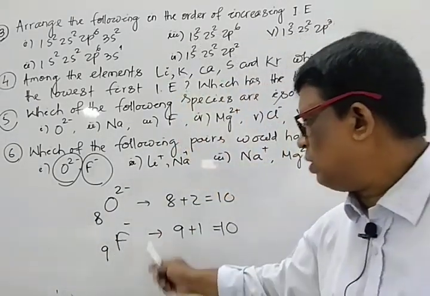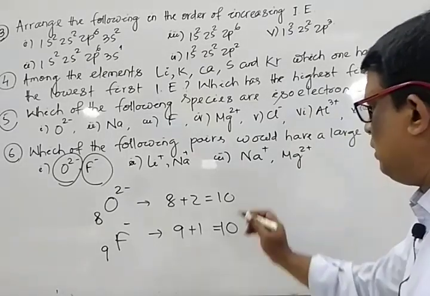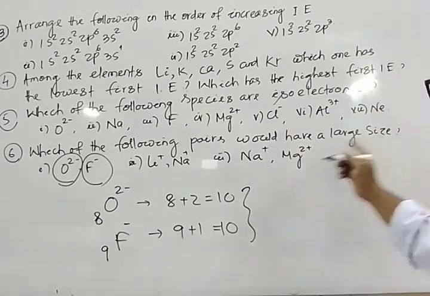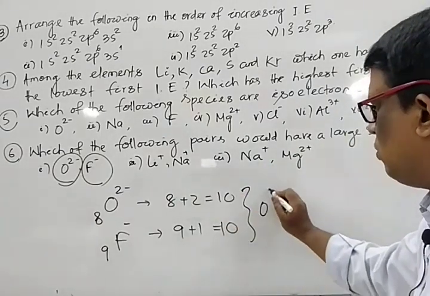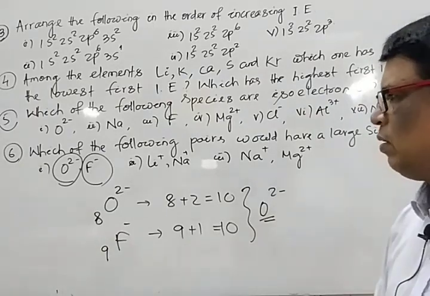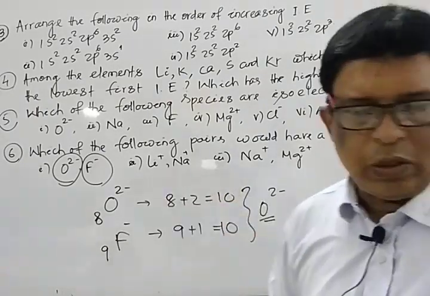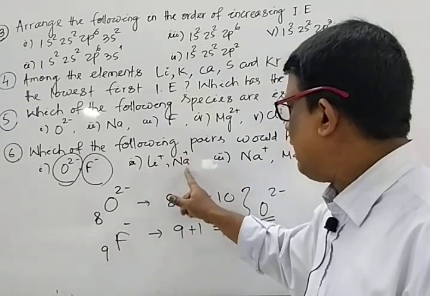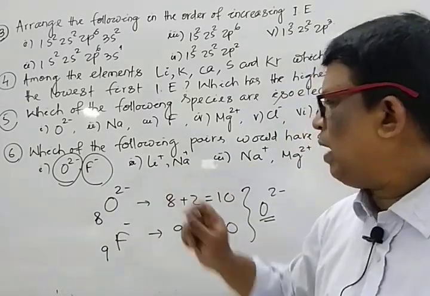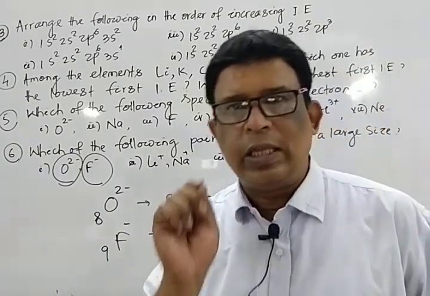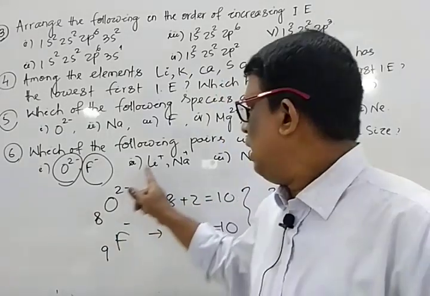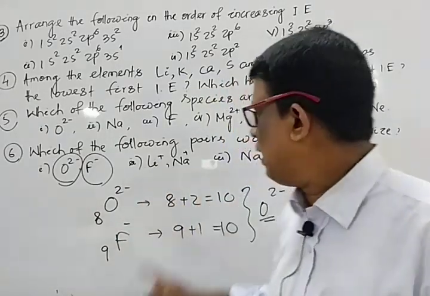So if we compare between these two, which one possesses larger size? Larger size is O2 minus. Similarly, move to the second one, that is Li plus and Na plus. Lithium atomic number is 3, it loses 1, so 2 electrons are there.